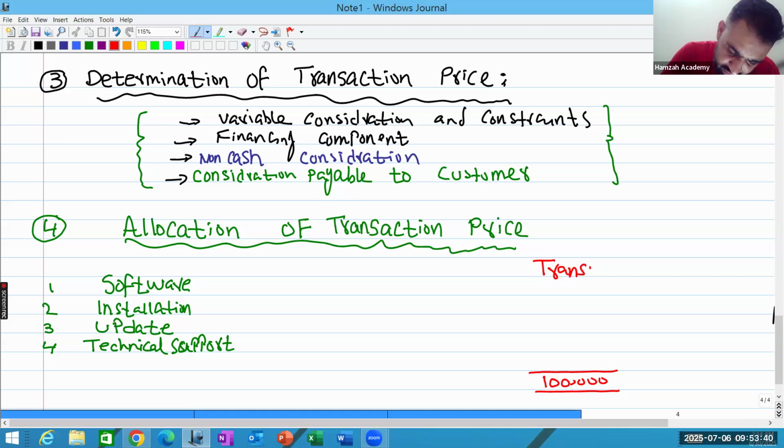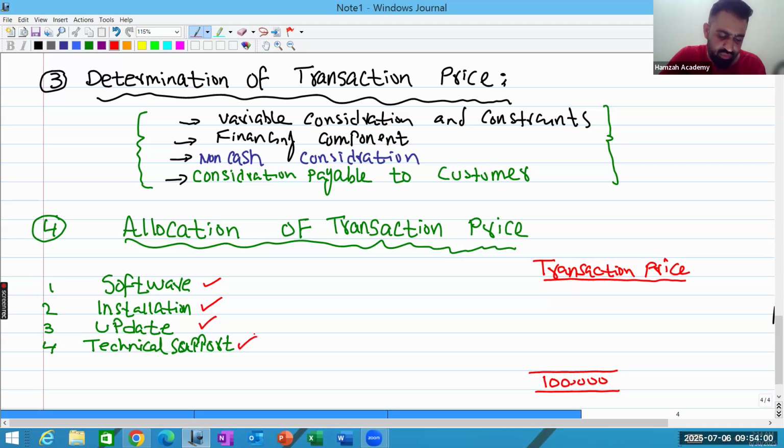It is known as transaction price. Now in the fourth step, we have to allocate this $100,000 among the four performance obligations.